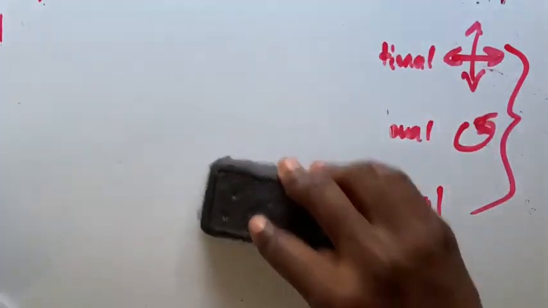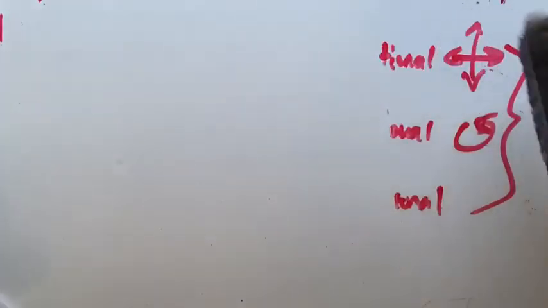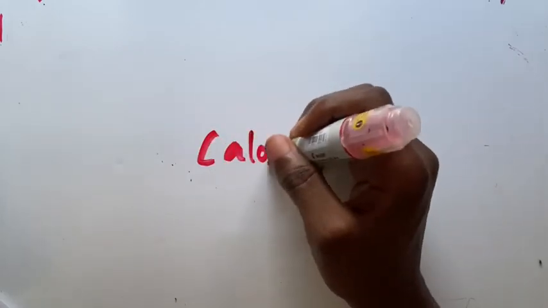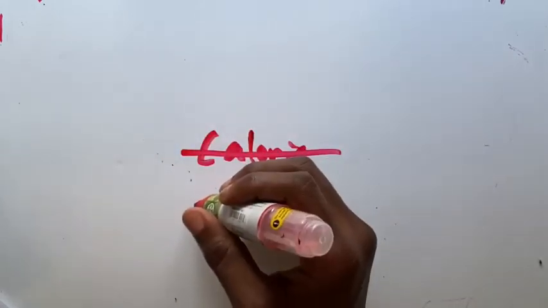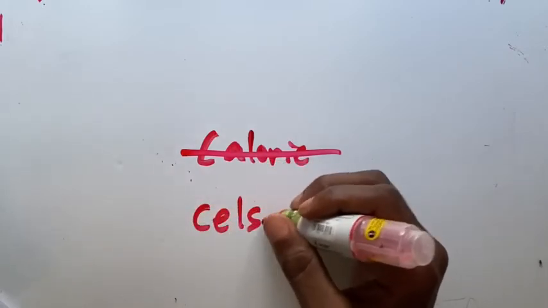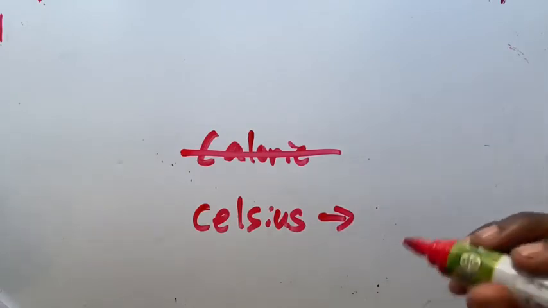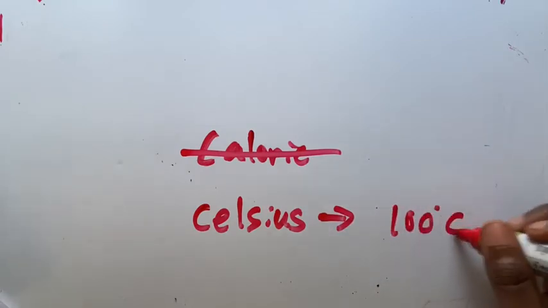Number 19 says, on which temperature scale is 212 degrees the boiling point? A, Fahrenheit, B, Kelvin, C, caloric, or D, Celsius. Well, for one, it's not caloric because that's a temperature scale we did not even talk about. We know it's not Celsius because Celsius says the boiling temperature of water is 100 degrees.